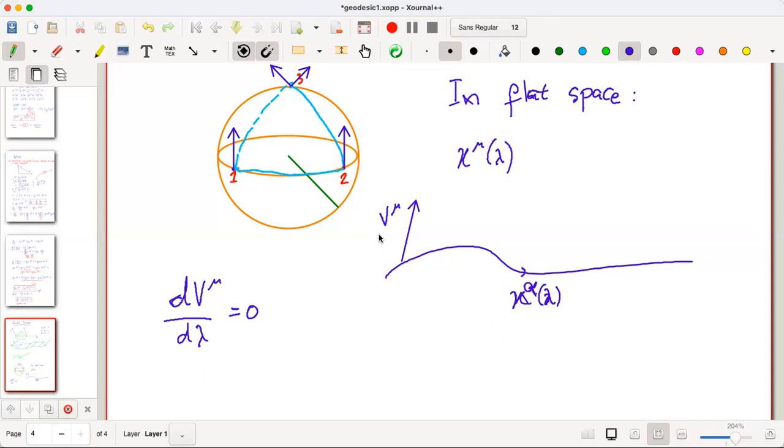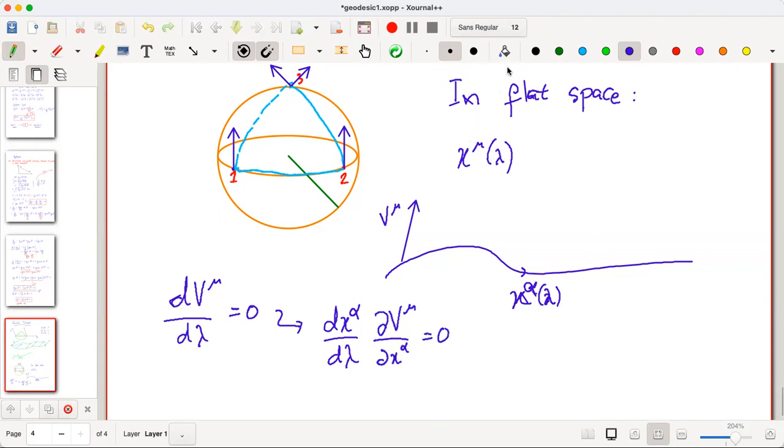So using the chain rule, I can write this as dx alpha d lambda times partial v mu partial x alpha, and this is equal to 0.